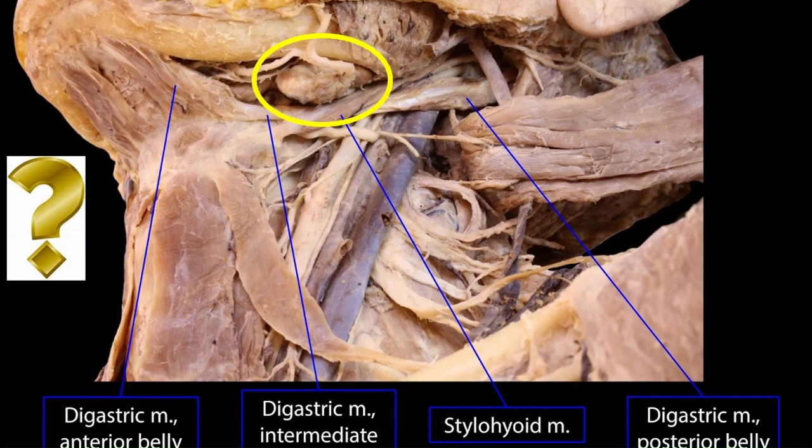And if you go along the inferior margin of the mandible, you can see the submandibular salivary gland in the submandibular triangle. This is the lower margin of the mandible, and this is the posterior belly of the digastric, and this is the anterior belly of the digastric, making the digastric triangle or the submandibular triangle.